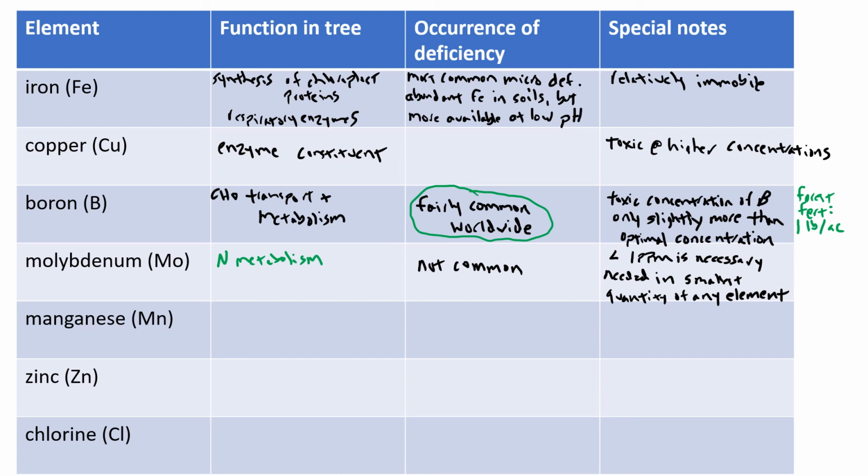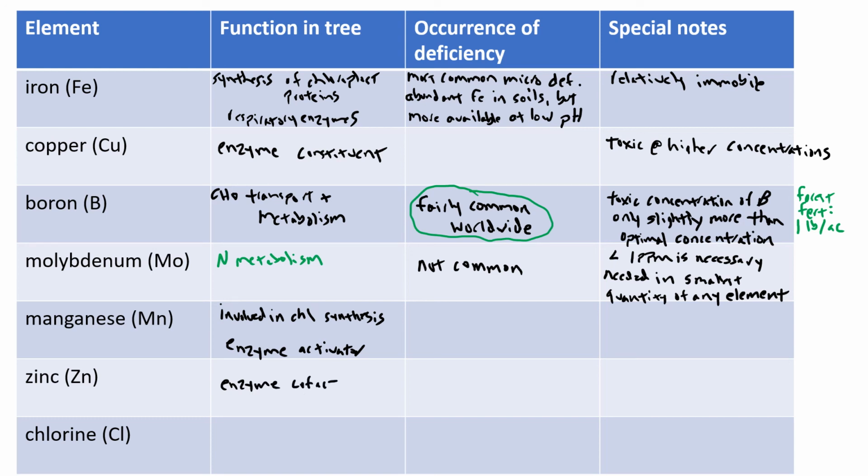Manganese is also involved in chlorophyll synthesis, and it's an activator for some enzymes. And zinc is similar. Zinc is an enzyme cofactor.